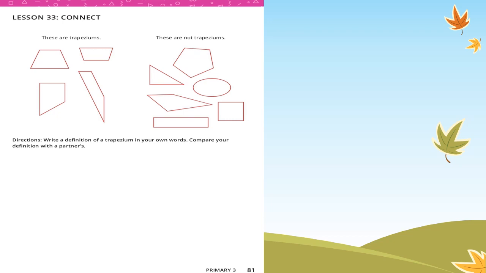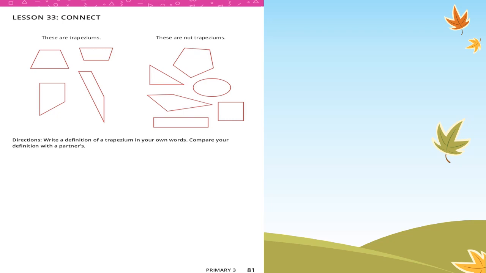Lesson 33. First, we will start with a warm-up about trapezium. We studied trapezium or trapezoid last year, and we said trapezium is a 2D shape or polygon that has four sides and four vertices, and of these four sides, two are parallel and two are not parallel.